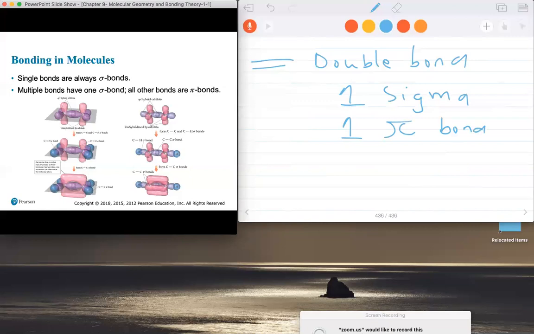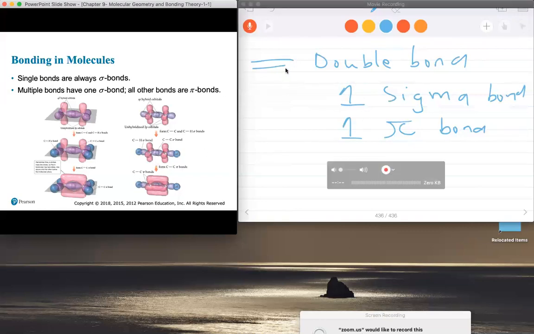Don't forget how to interpret a double bond. The purple color here stands for sigma. You see there's an overlap head to head, and then sideways for the pi bond. So this makes up what we call a double bond.